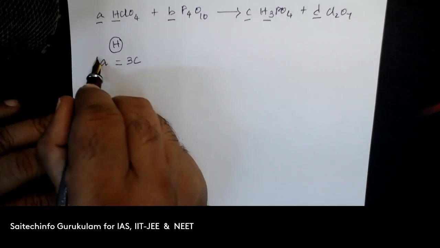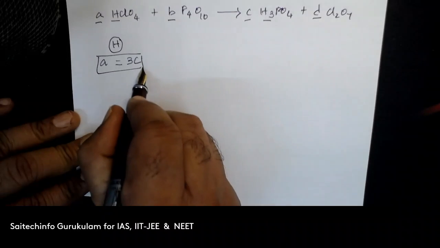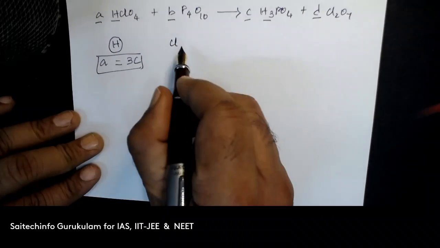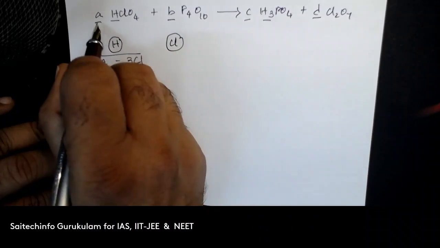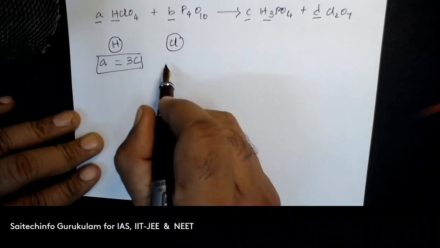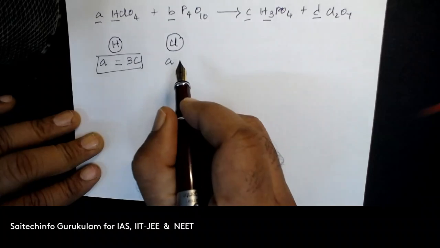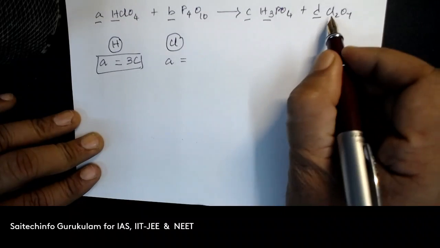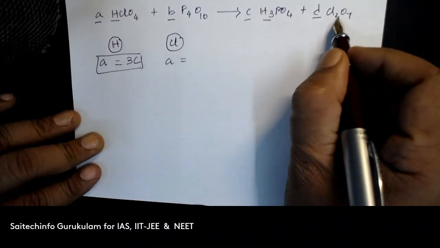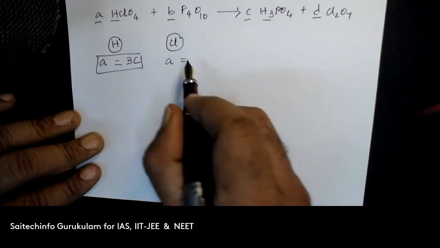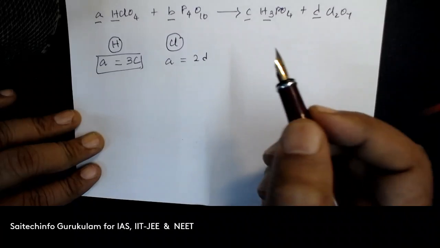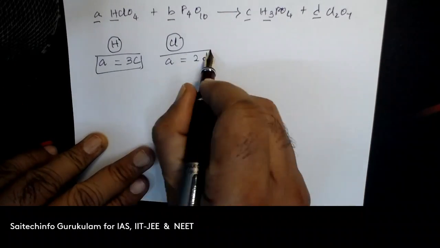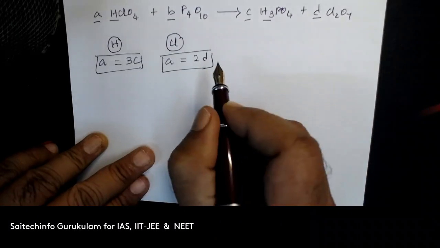Let me consider the next element, chlorine. On the left side you have A amount of chlorine, and on the right hand side you have 2D, the atomicity 2 into D, in Cl2O7. So this is another equation.